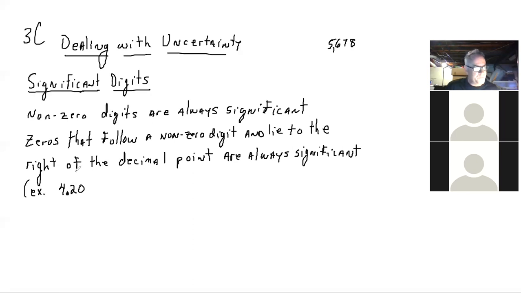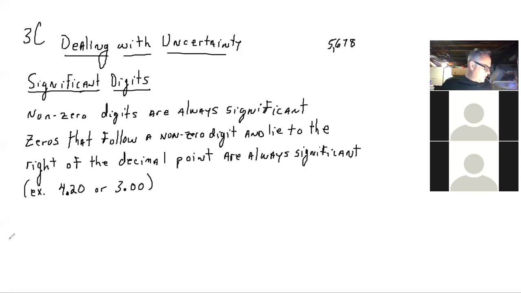So if you're given a number stated as 4.20, you're going to say 3 significant digits. Here's another one with 3 significant digits. Again, these are to the right of the decimal point, and the zeros come after the last non-zero digit.